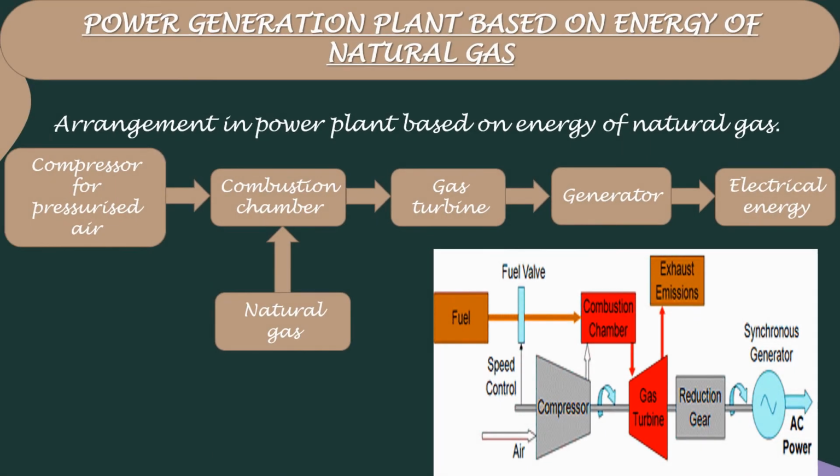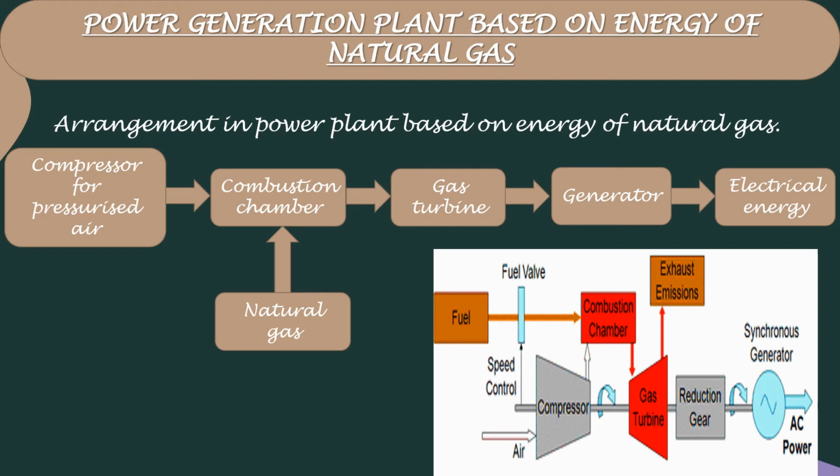Now students, let's understand the power generation plant based on energy of natural gas. In a power plant based on energy of natural gas, chemical energy in natural gas is converted to electrical energy. It consists of a compressor, combustion chamber, gas turbine, and a generator.